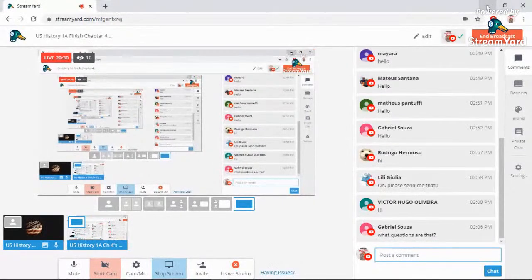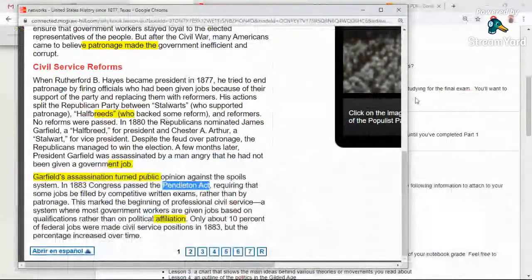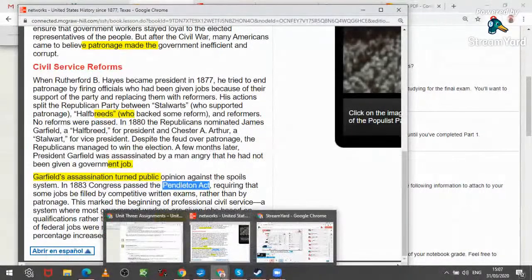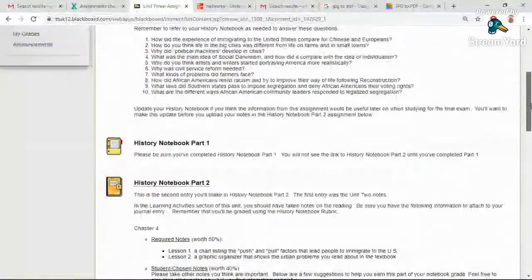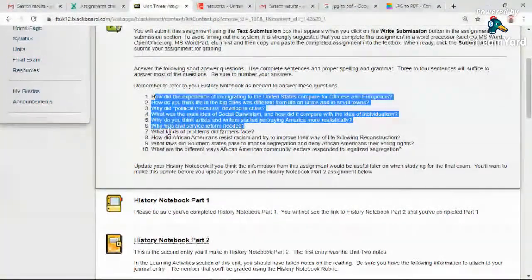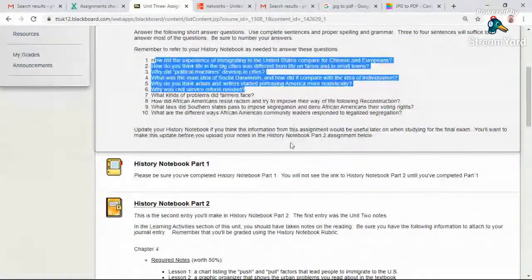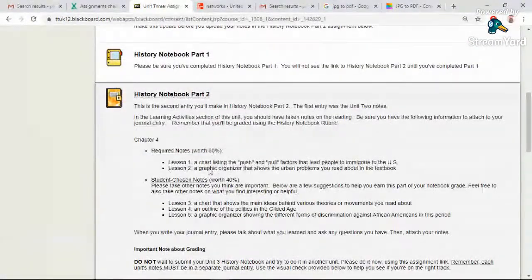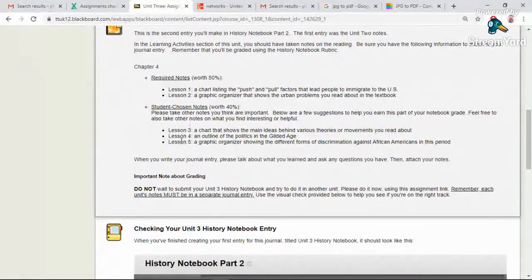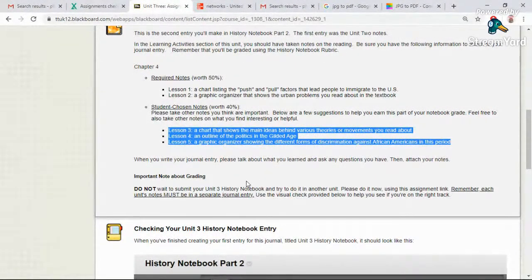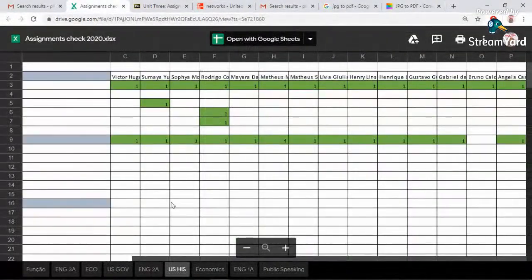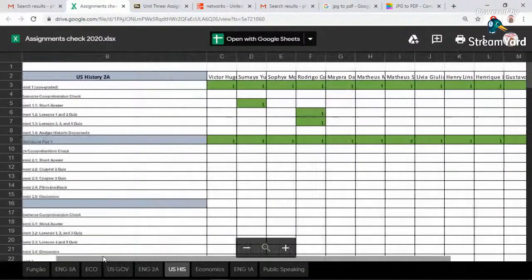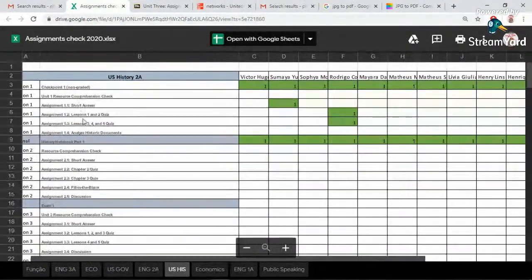We just read the answer to question number 6. Remember, as we're doing the unit, let's try to answer these, so when we finish the unit, you can send your notebook. You can send your notes, or you can do these notes, and boom, we're finished, so that we are not behind, because look, guys, we are very behind. Jaza made this right here. This shows what everybody handed in.